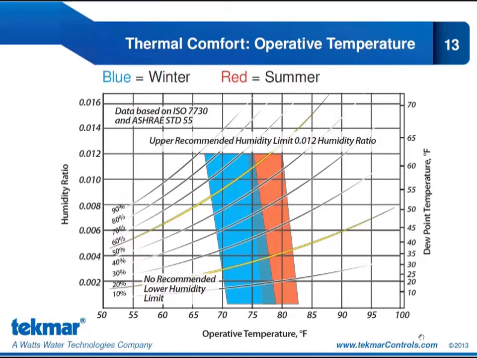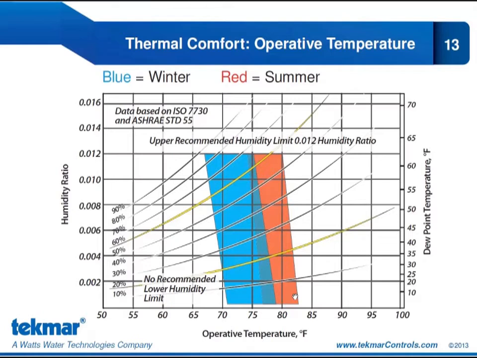So for optimal comfort, we want our operative temperature to be somewhere within the blue in the winter and within the red in the summer. And the reason we have separated the temperatures between winter and summer is because of the difference in the type of clothing people wear in the winter and summer months.